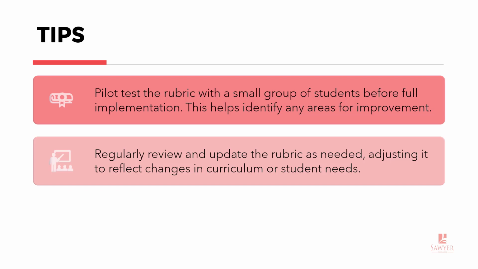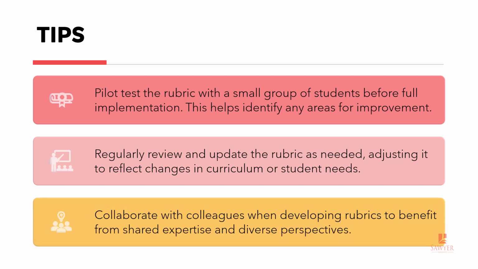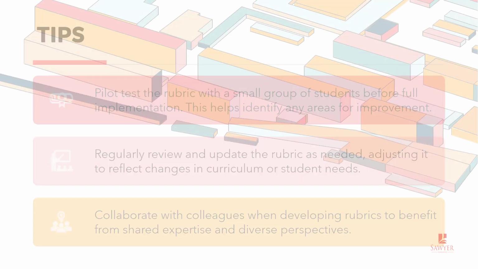Again, change them, modify them to meet your students. And then collaborate with your colleagues. Don't be afraid to ask your colleagues if they can review your rubrics for you, and get their feedback. You know, work together.